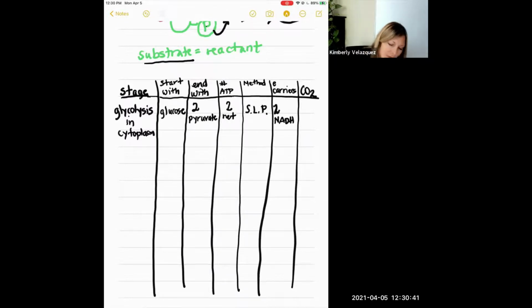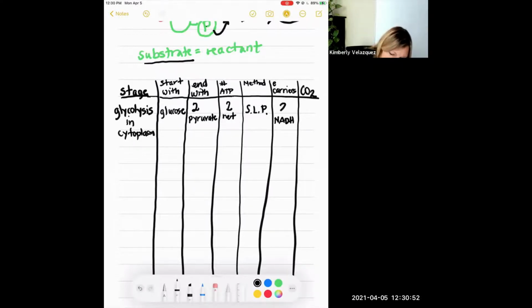So first 2 of those 12 hydrogens were picked up. Sorry, I'm going to write that a little neater. Two NADH and no CO2 were released in glycolysis. And remember, this is the only stage that can happen with or without oxygen.